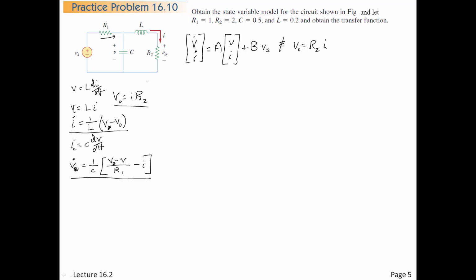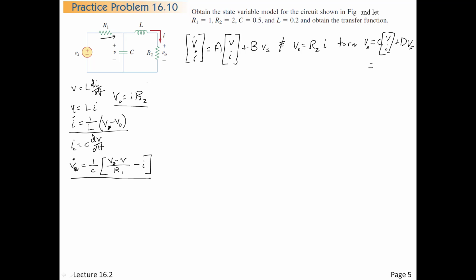So that's kind of the form. Let's see, the form of this is what? It's V0 is equal to C times the state variables, C times our VI, plus D times our input, VS, right? So we're kind of already done here. We already know our V out.